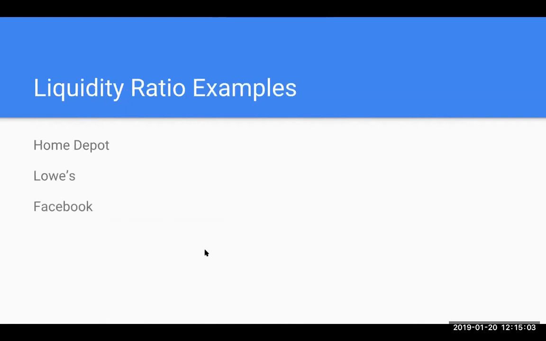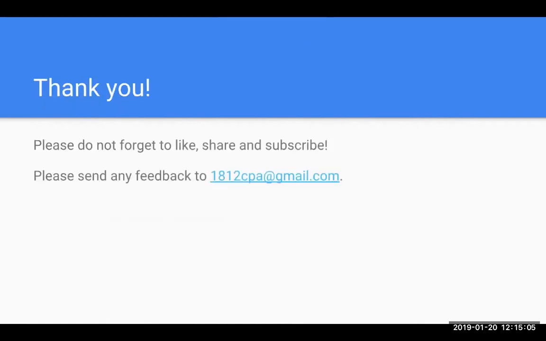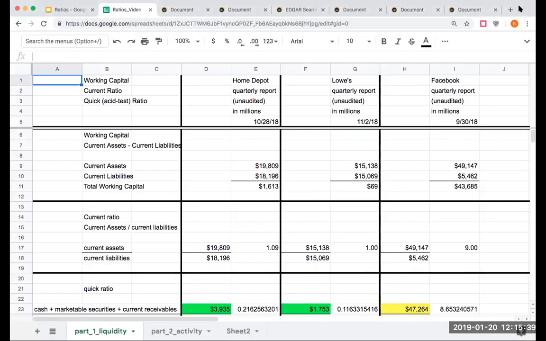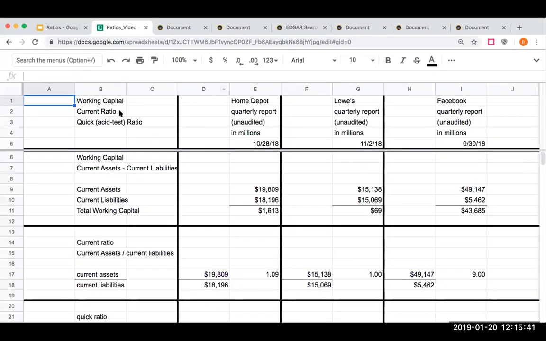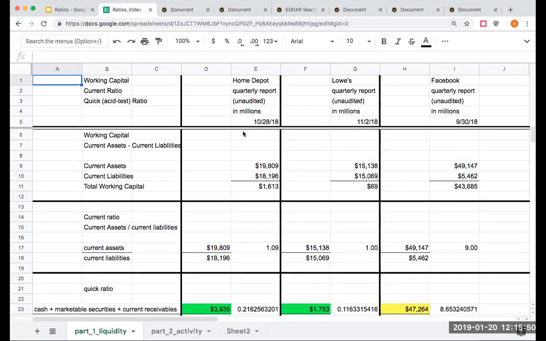So let's take a look here. For our first ratio, which is the working capital ratio, we've got Home Depot, we've got Lowe's, and then we've got Facebook.